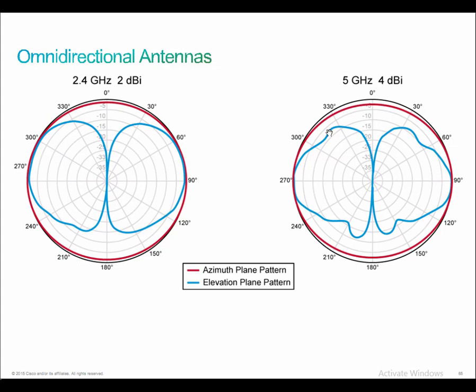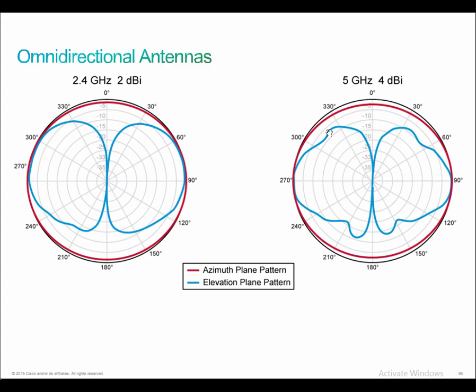All right. Omnidirectional antenna, pretty basic. On at least one plane, the azimuth plane, we're radiating signal in all directions. We don't typically do this on the vertical plane, usually on the horizontal plane. The most basic omnidirectional antenna that you're going to see is the dual band dipole antenna.